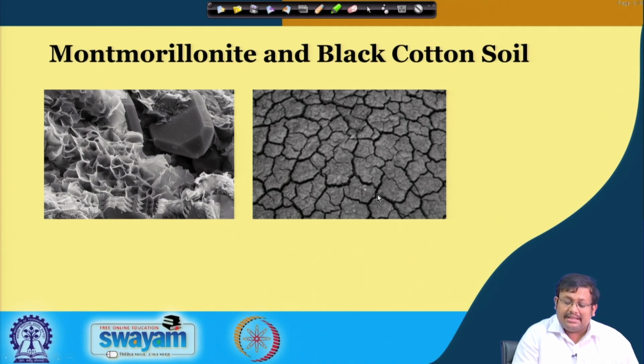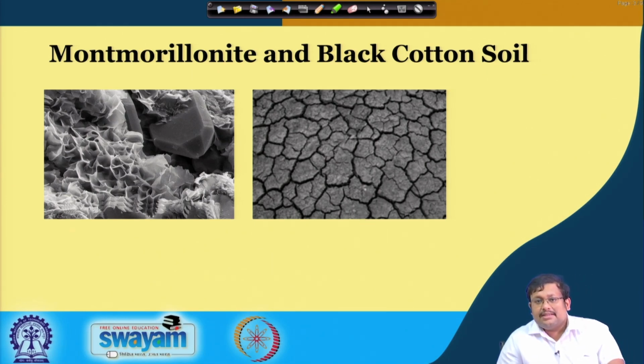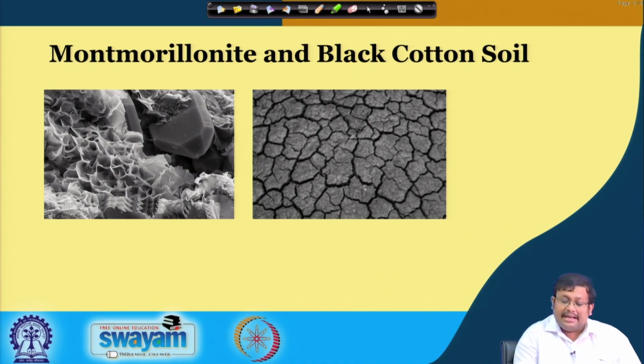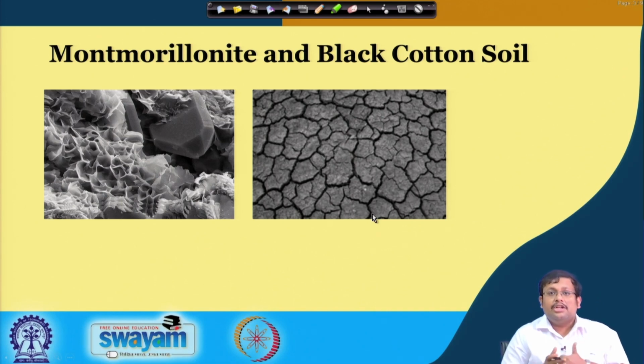They develop large cracks during the summer season, where there is no water, and water is dehydrated from the soil. As a result, there are large cracks, as you can see. And during the monsoon season, when there is further water movement, these cracks will be closed. So, this is called the periodic swelling and shrinkage property of montmorillonite.